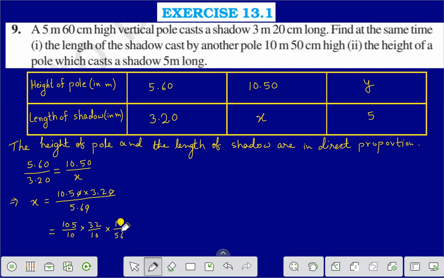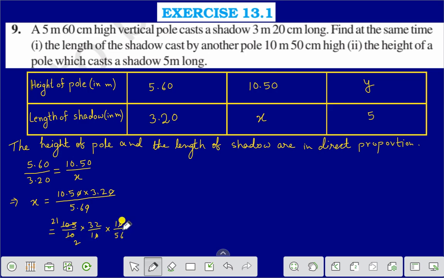Now you will get the value. Here this 0 and this 0 will cut, right? Now dividing by 5, 5 into 10 is 2, and 5 into 21 is 105, right?